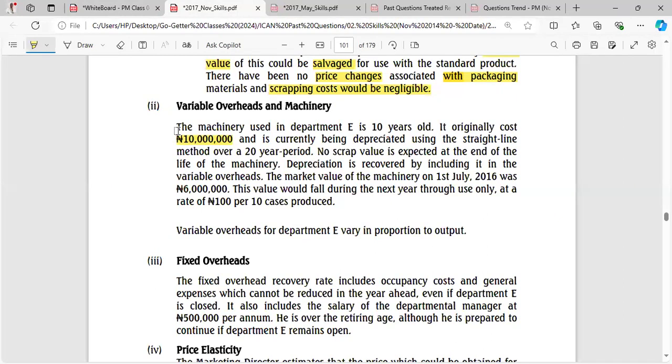We don't need that. And it's currently being depreciated using the straight line method over a 20-year period. What is the significance of this? The significance is the machine is already 10 years old.